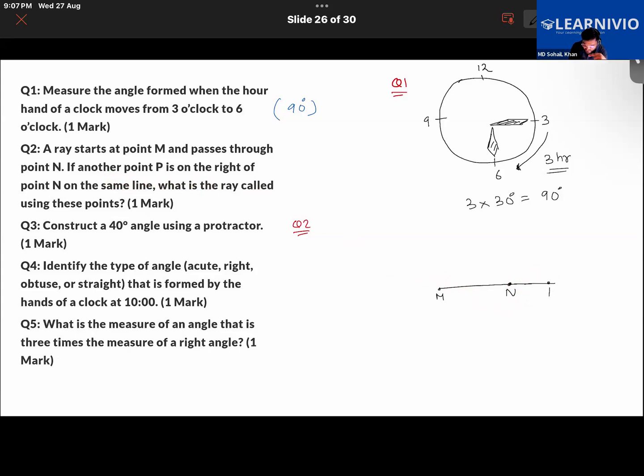So there's another point over here. If another point P is on the same line, so what is the ray called using these points?